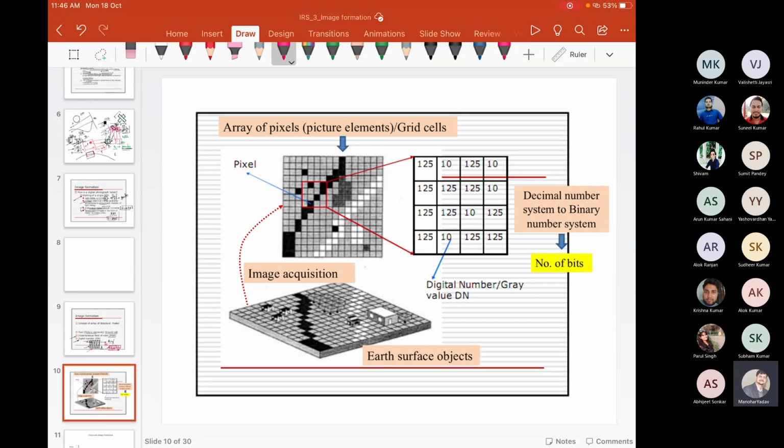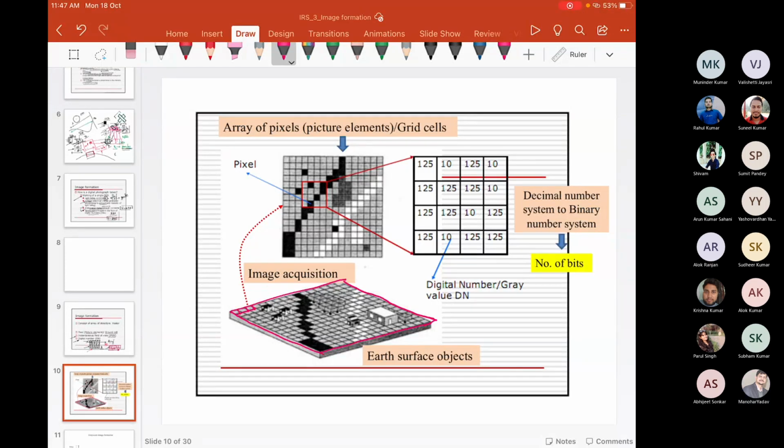As you see in the figure, this is an area segment, and various objects are present in this area segment, which is to be sensed by satellite based imaging. First, this area segment is divided into grids.